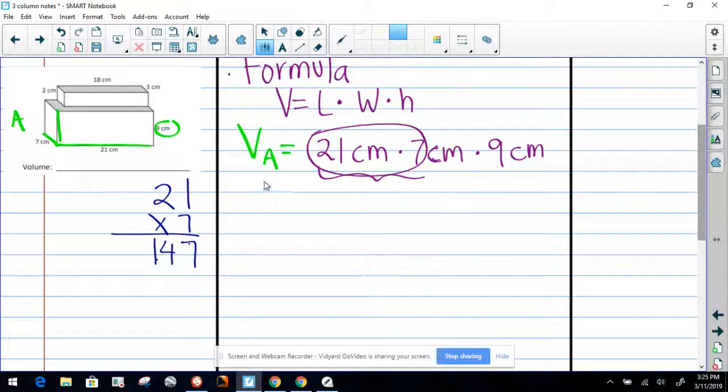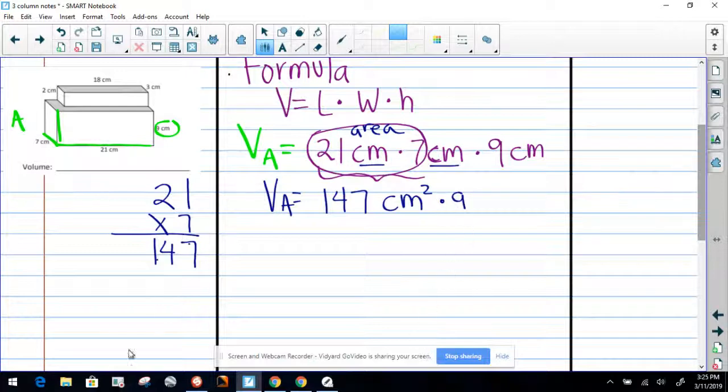So the area of this prism, length times width, is 147. Since I multiplied two dimensions, I'm going to write square centimeters, times 9.